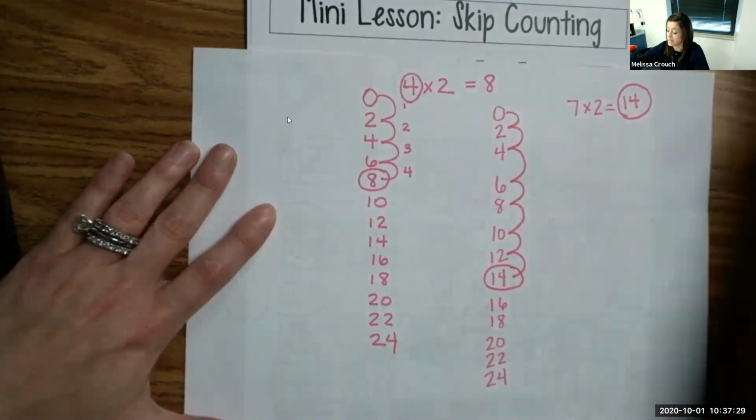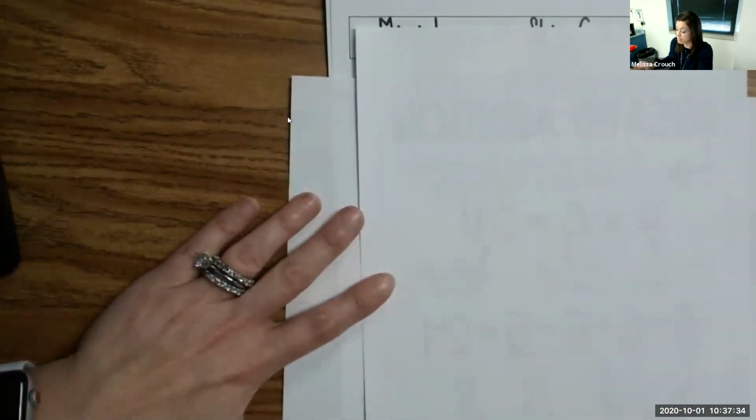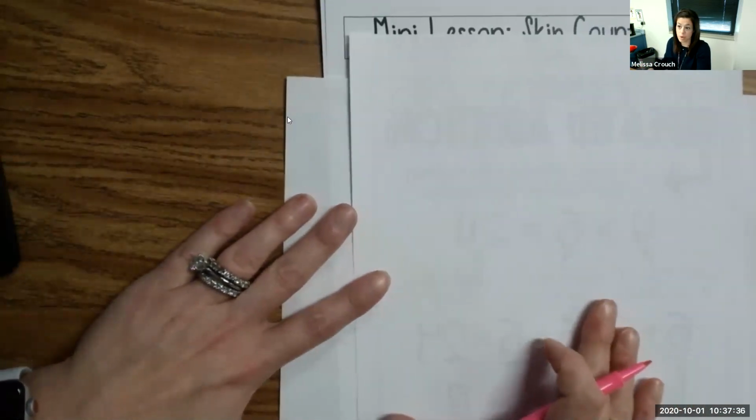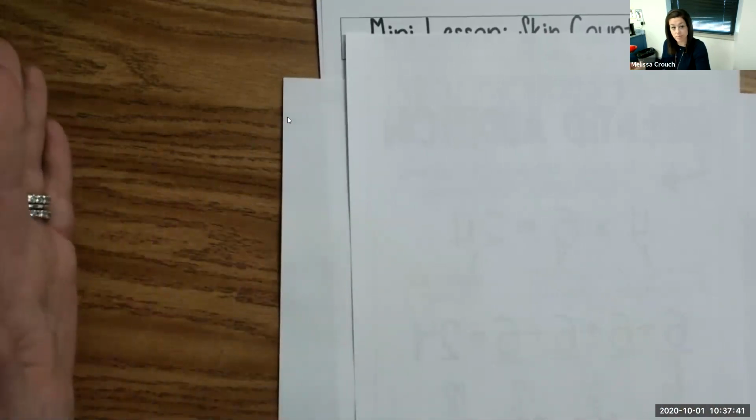Okay, let me show you what that looks like using our 5s. Remember, we're only doing problems skip counting by numbers that we are really good at, because we want to make our life easier. So let's try 5s.